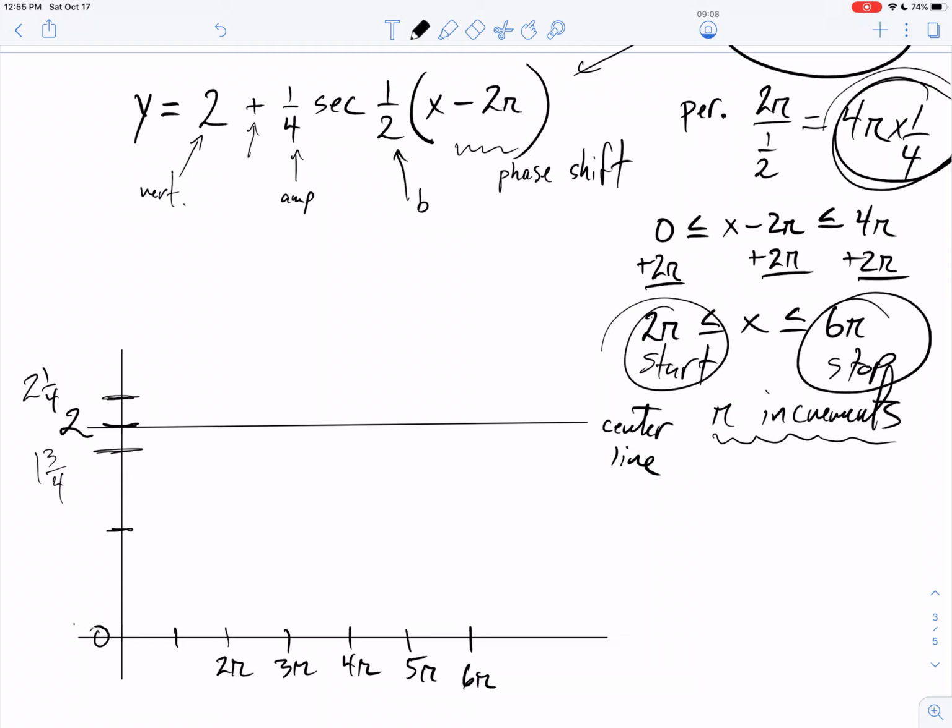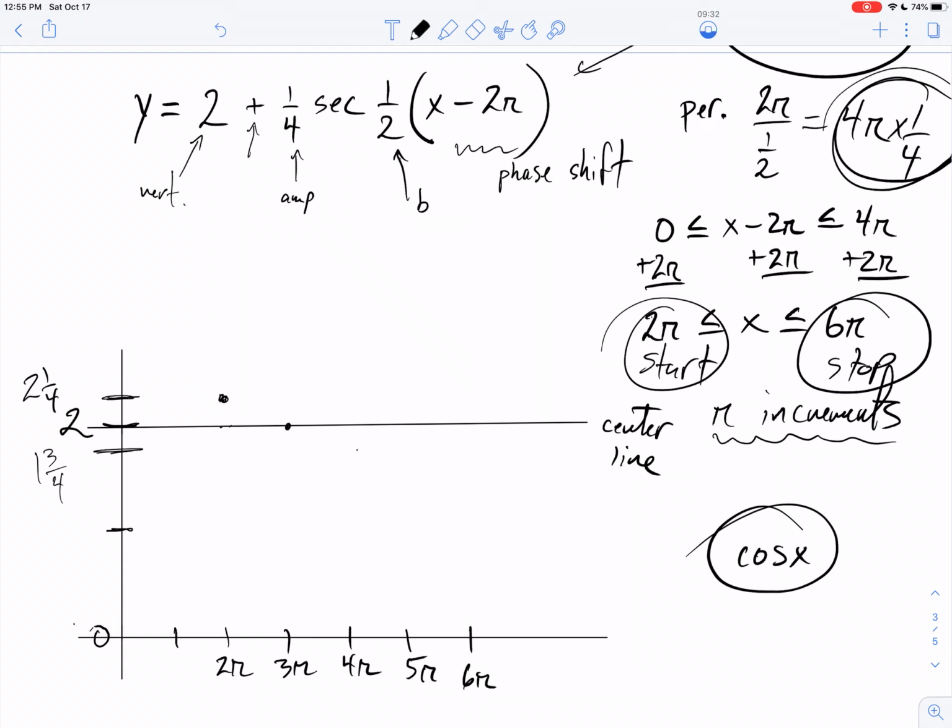So let's sketch in this guide graph. My guide graph will be a cosine graph that is not flipped. So here's the line right up here. But I'm not going to start on the line. No. I'm going to start above the line. Then I'm going to go back to the line.